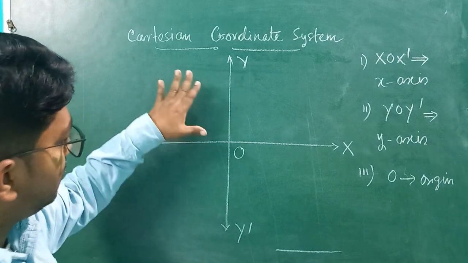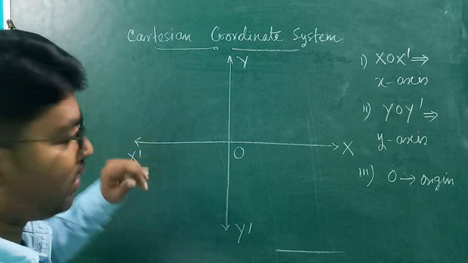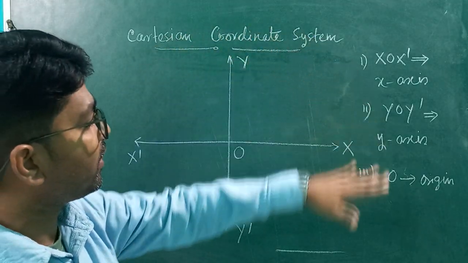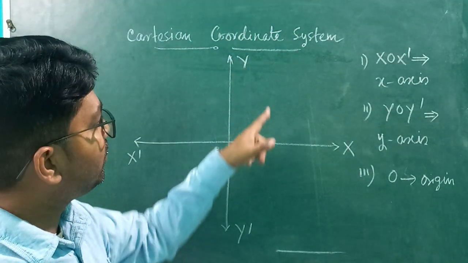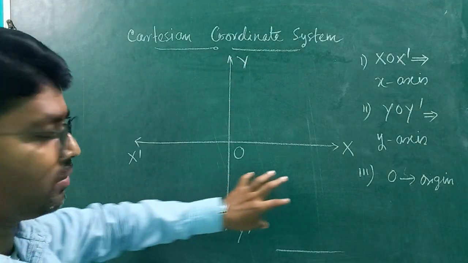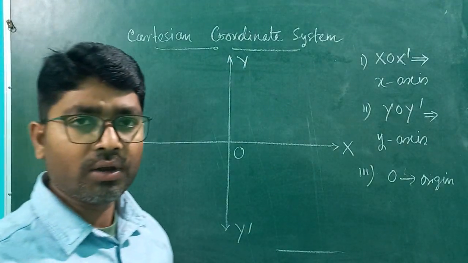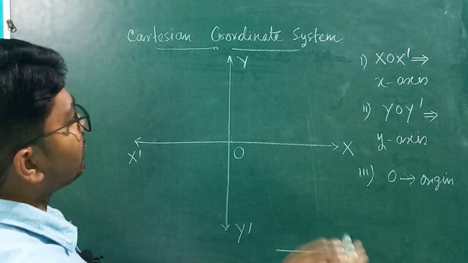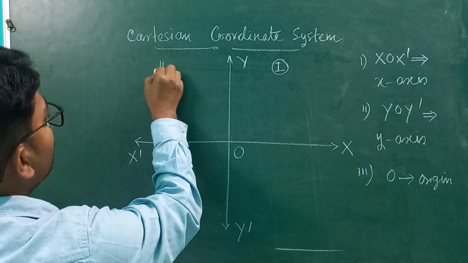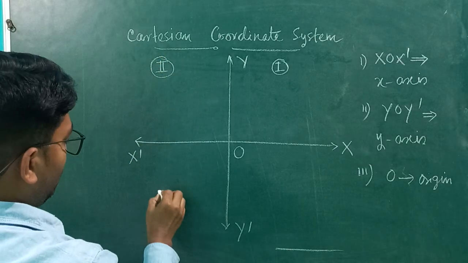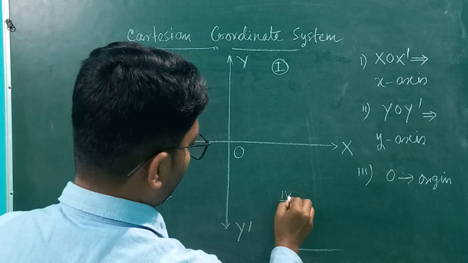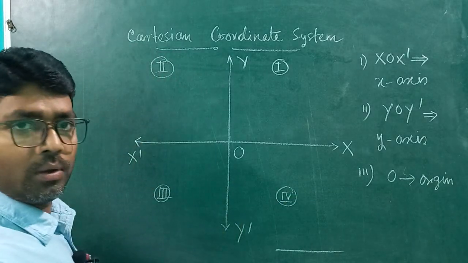Now by these two lines, one horizontal and one vertical, the total plane is subdivided into four parts: this part, this part, this part and this part. Suppose this one is 1, this one 2, this one 3 and this one 4.